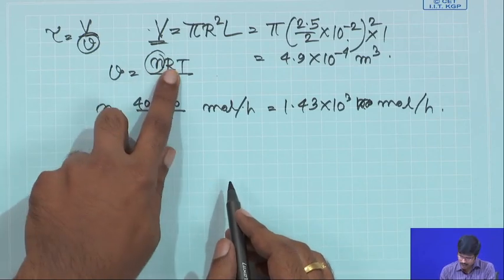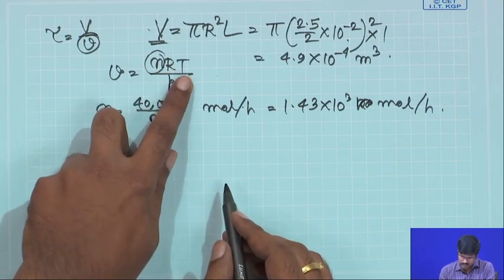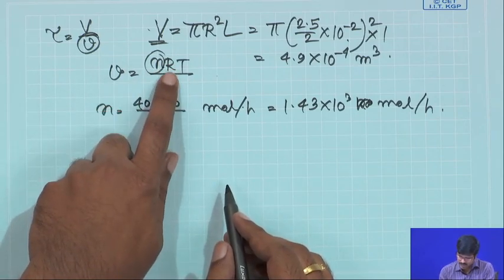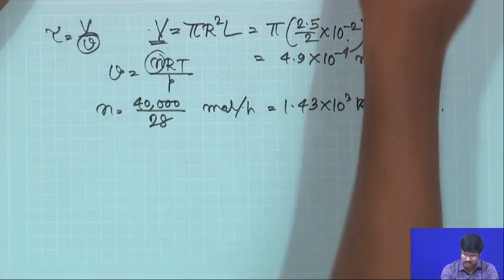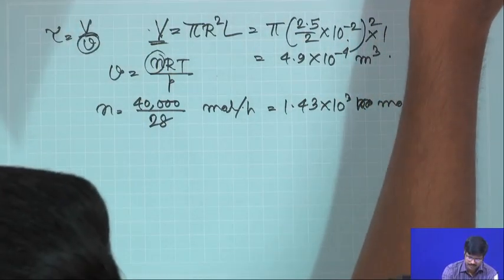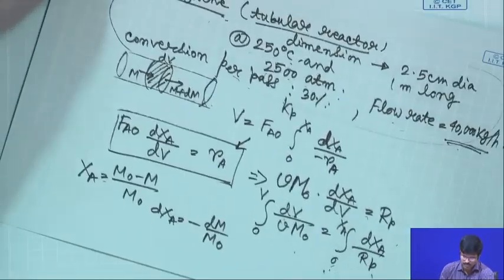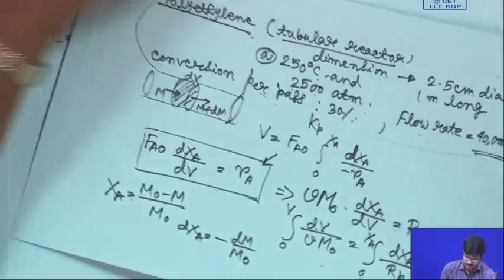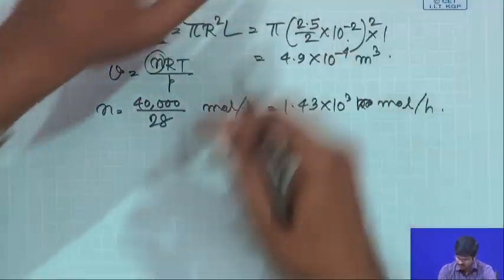Now, R is known, the universal gas constant, and your T is also known, 250 degree Celsius. You just convert that to Kelvin and put all the values here.